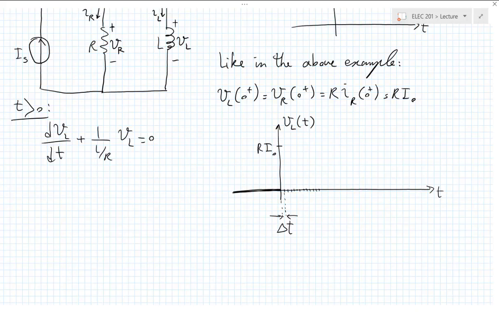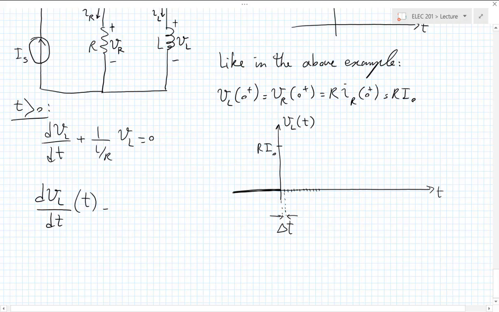All I have to do is to keep in mind that this equation is valid for all these times t, although I'm not explicitly writing t all the time, but the equation is valid for all time t greater than 0.